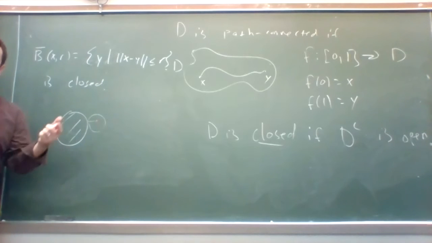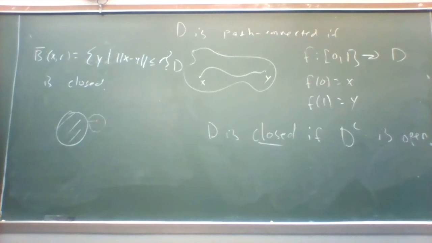That's where these terminologies come from. An open interval in R1 is, of course, open. Every open interval is a ball of a certain radius, but in R1. And every open set in R is a union of intervals, certainly.